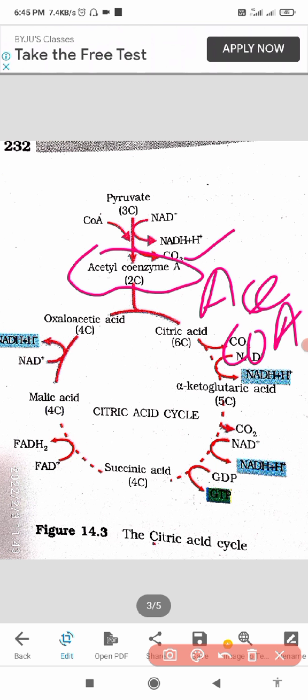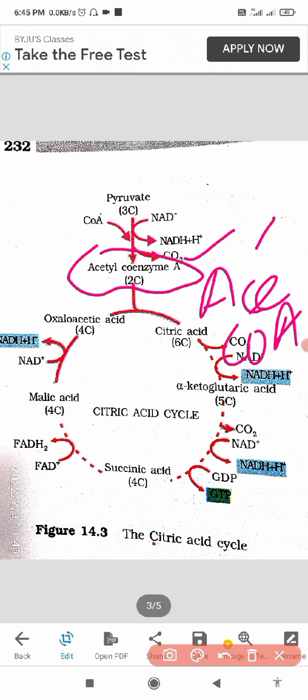So this 2 carbon molecule ACoA further gets converted into citric acid with oxaloacetic acid. That is why this is called the citric acid cycle, or Krebs cycle, or tricarboxylic cycle. Why tricarboxylic? Because of the formation of this oxaloacetic acid, OAA. Citric acid has 6 carbon, oxaloacetic acid has 4 carbon.